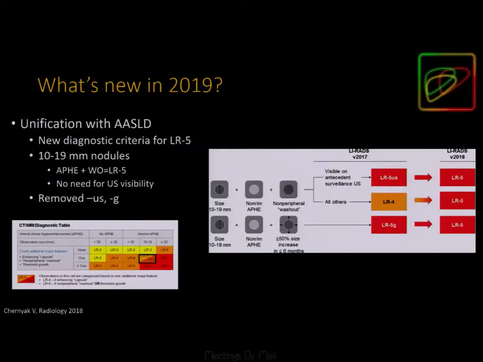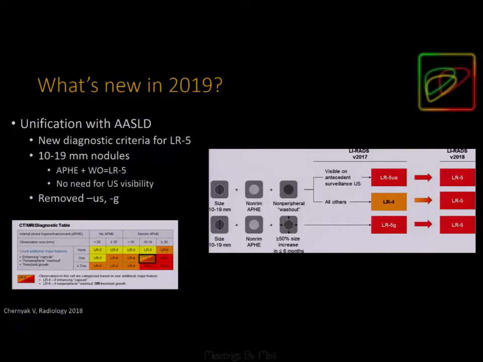So what's changed? What's new that you should be aware of within the last couple of years? Well, probably the most monumental thing that's happened is that in 2018, we unified with the AASLD for the diagnostic criteria of HCC, as applies to the CT and MR diagnostic algorithm. In order to unify with them, we had to make some compromises.